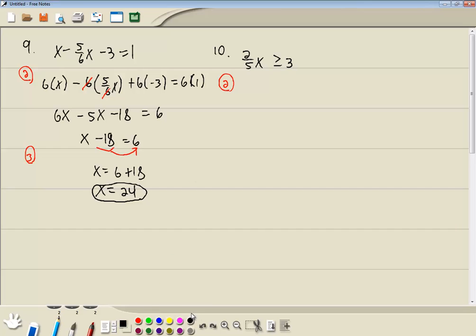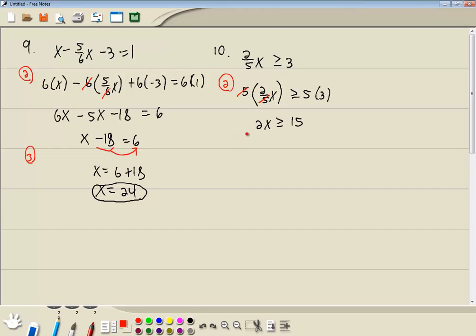Multiply everything by the LCM of all your denominators. We only have one denominator, so that is our LCM. So we're going to multiply everything by 5. We'll take 5 times 2/5 x, and we'll take 5 times 3. Now these 5's cancel here, and we've got 2x is greater than or equal to 5 times 3, which is 15.